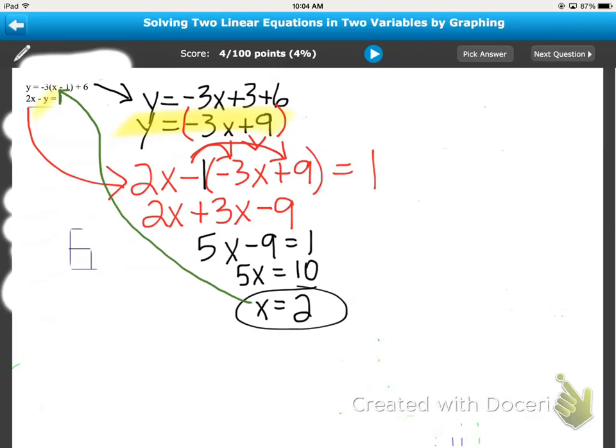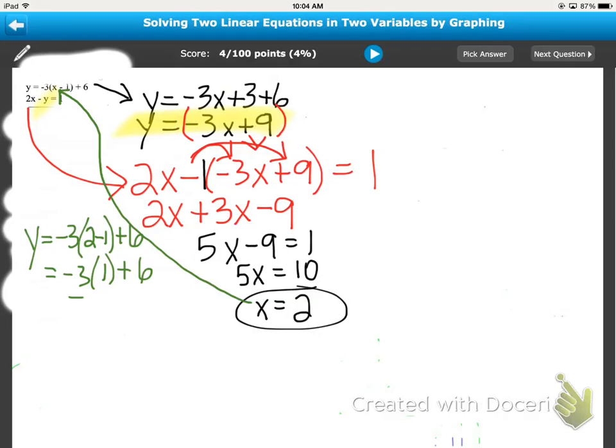So if I do that, I've got y is negative 3 times 2 minus 1 plus 6. So that's the same as negative 3 times what? What's 2 minus 1? Just 1 plus 6.